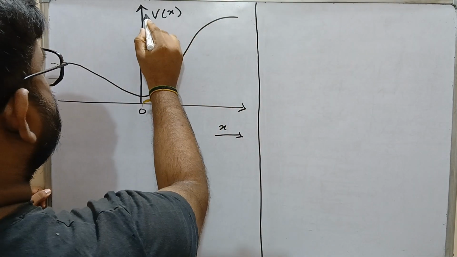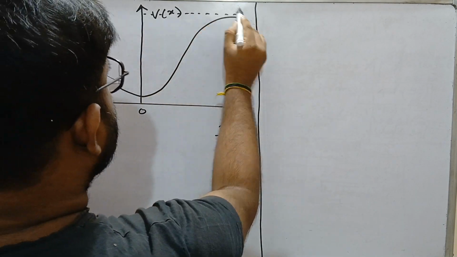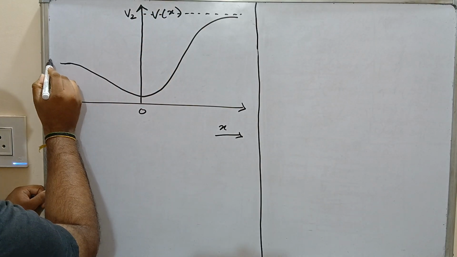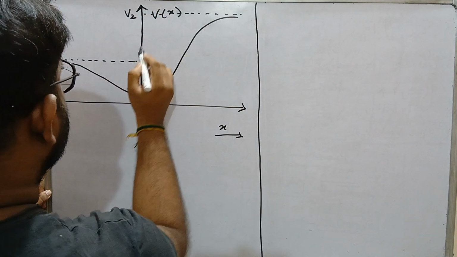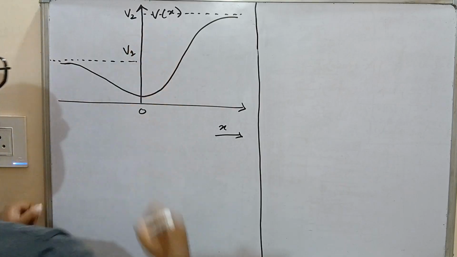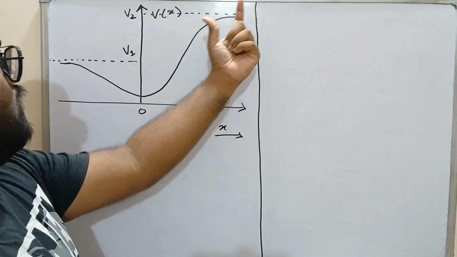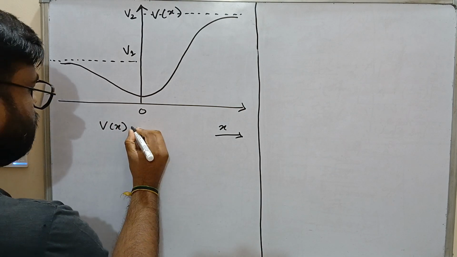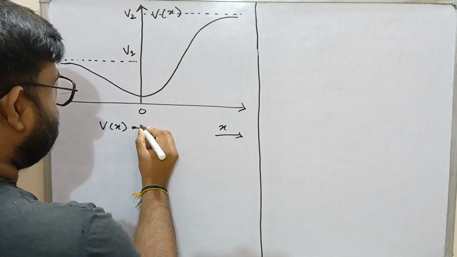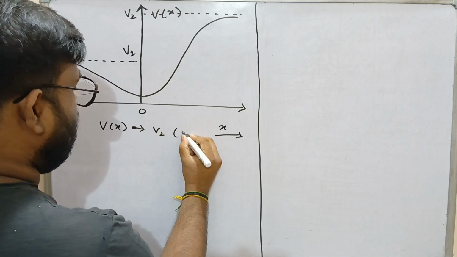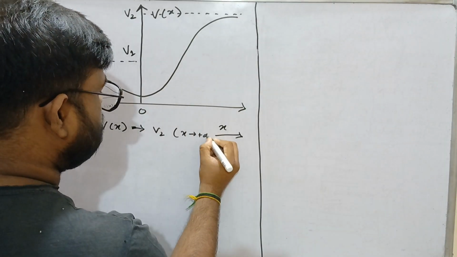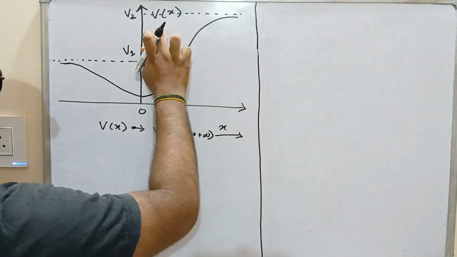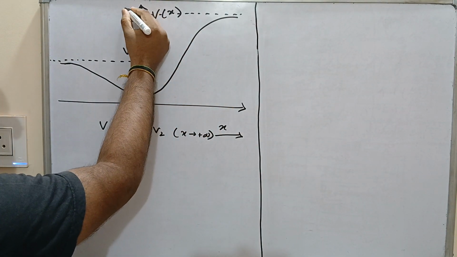If we point out this point as, let's say, V2, and this point as V1, you can see that in this potential V of x tends to V2 as x tends to plus infinity. That is, when x goes to positive infinity, the potential V(x) will have a value called V2.